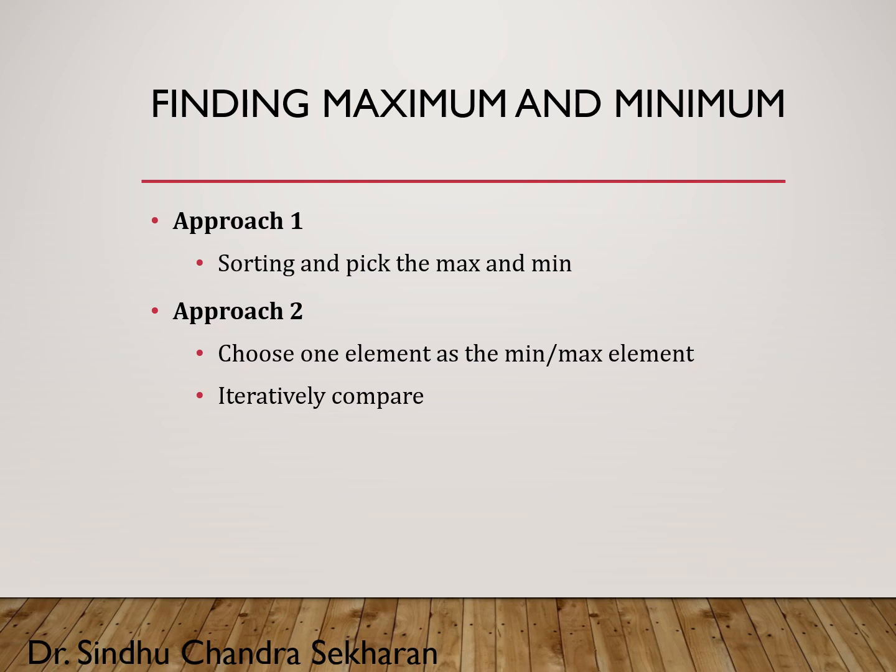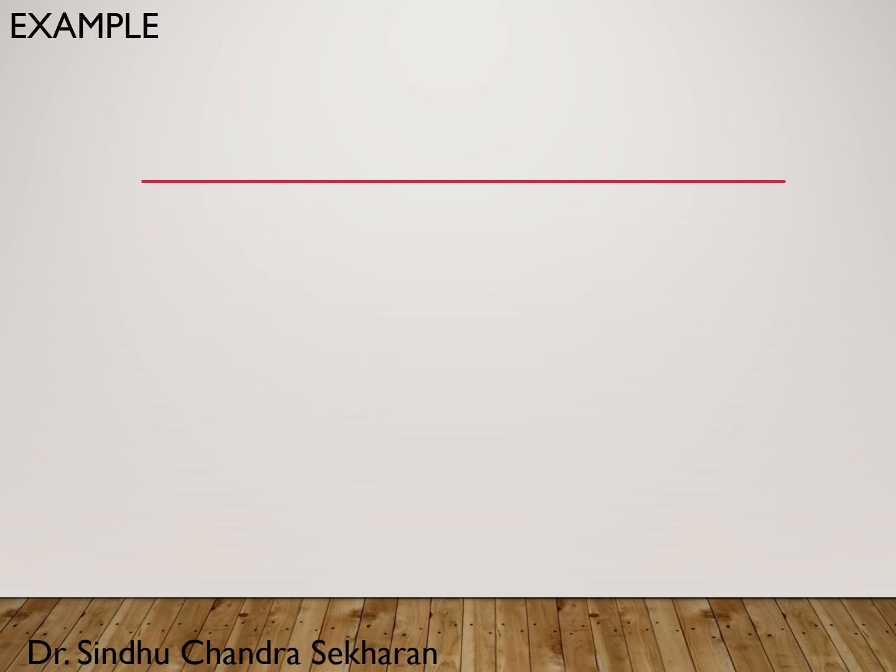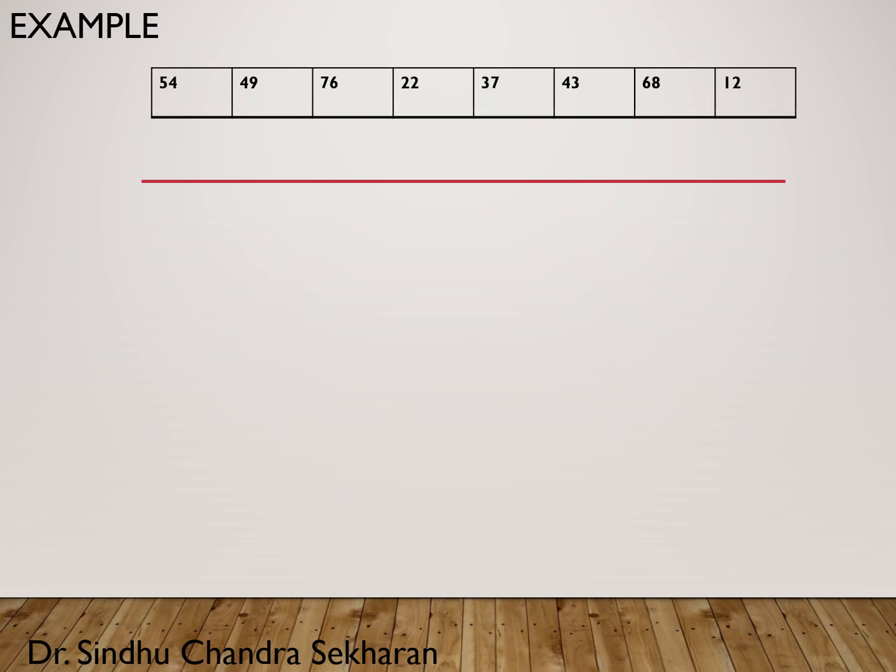Now what we are going to see is another approach, which is called the divide and conquer approach. So let us take an example. Here we have an array of 8 elements. Now without actually comparing each and every element with each other, I'm going to use the divide and conquer strategy such that I divide the given array appropriately and find which is the min and max value.